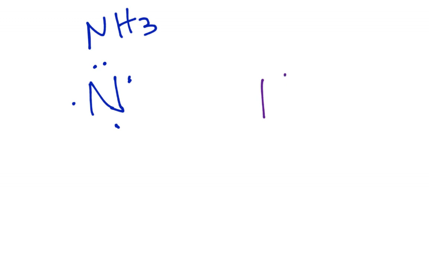Well, let's look at a compound, NH3. Alright, well, nitrogen we know has 5 valence electrons, so we put 1, 2, 3, 4, 5 valence electrons. Hydrogen has 1 valence electron.